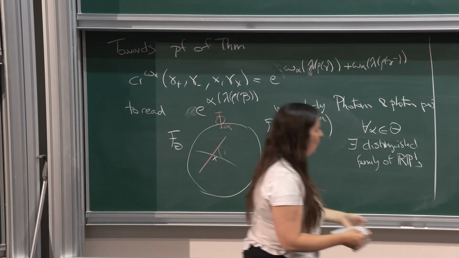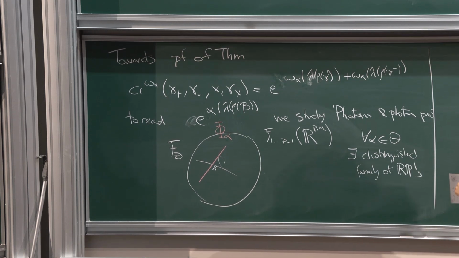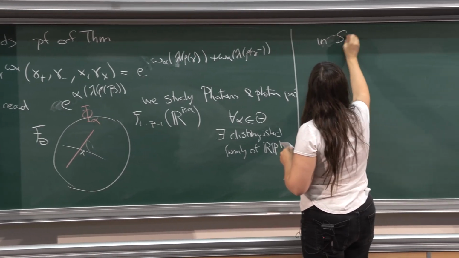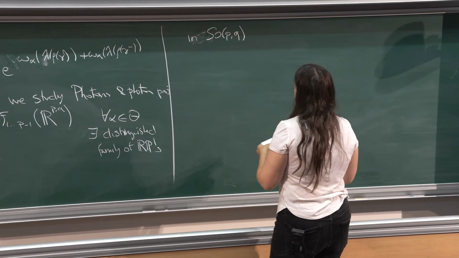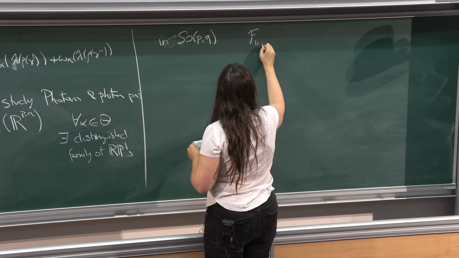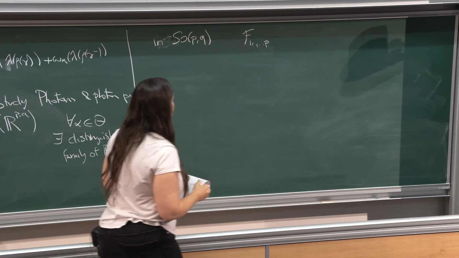I don't have the Lie theory necessary to tell you how this works in general, but let me tell you in SO(P,Q). We always look at F1 to P minus 1, the flag space relevant for theta positivity.